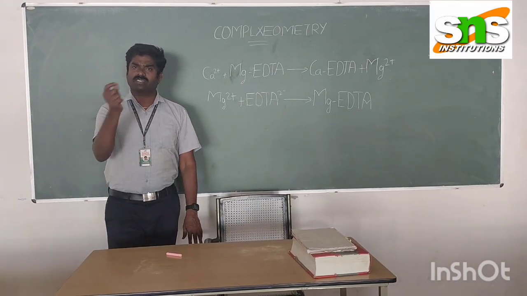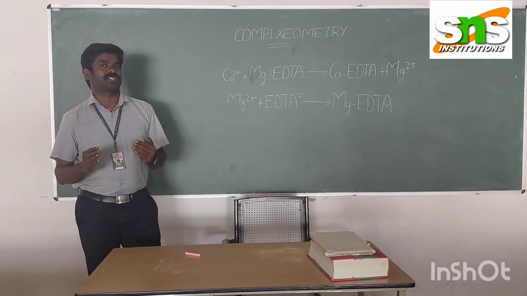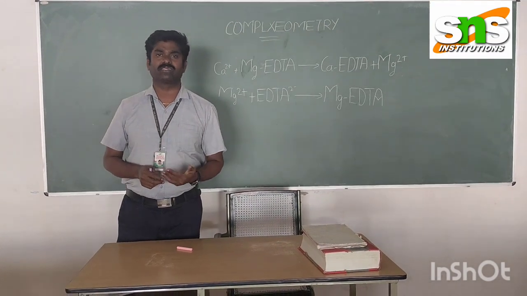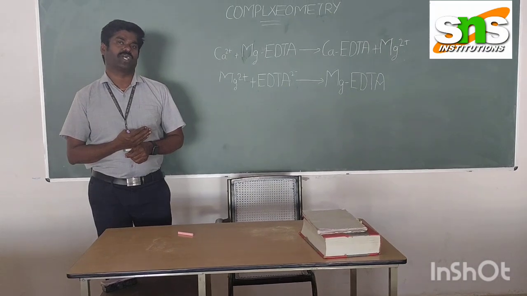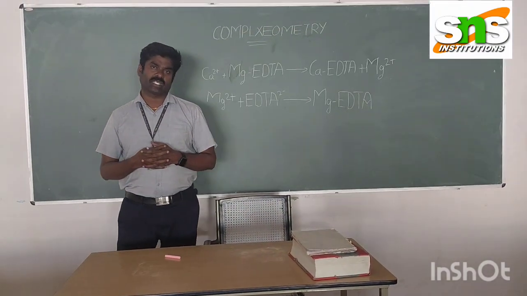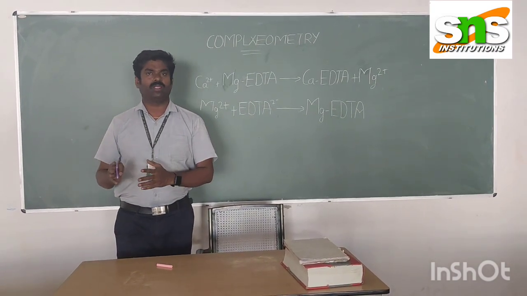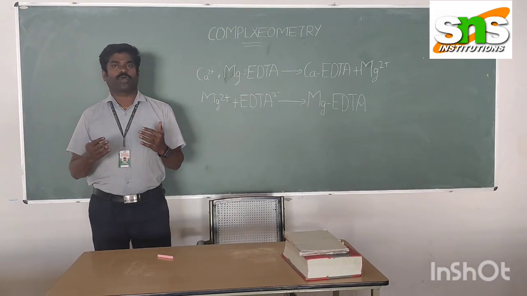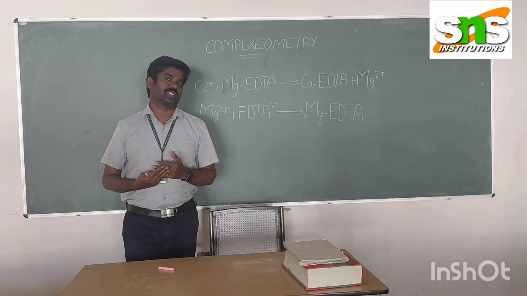These complexometric reactions occur only at a suitable pH. The familiar pH is 10. That is the reason we use an ammonia buffer here. So in this complexometric technique, we use disodium EDTA as the titrant, a metal salt as the sample, and buffers to provide the right pH.